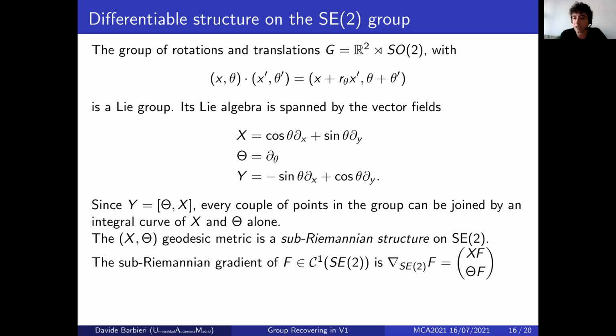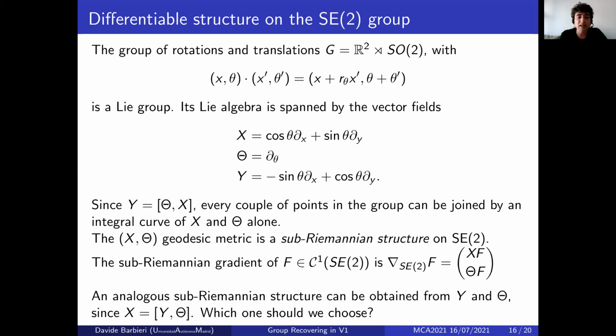Most of you have probably heard about the sub-Laplacian and these objects in partial differential equations. Here, the sub-Riemannian gradient is simply the gradient along these two directions, so not a three-dimensional gradient, but a two-dimensional gradient. A question still remains about whether we could use a sub-Riemannian structure based on the vectors y and theta, which appear to be almost the same, but they are not.